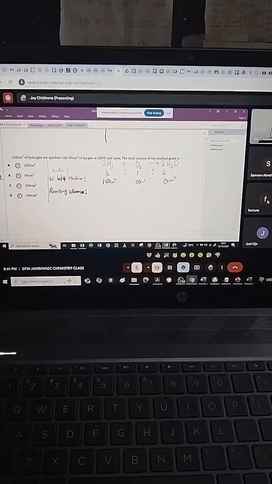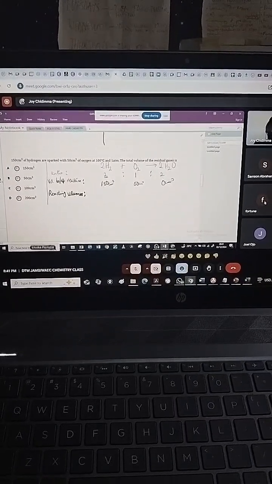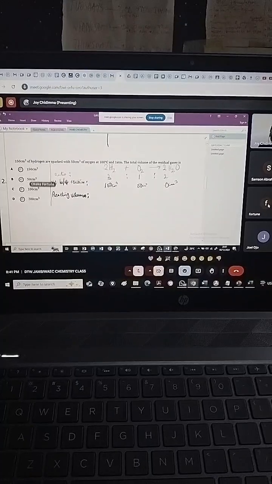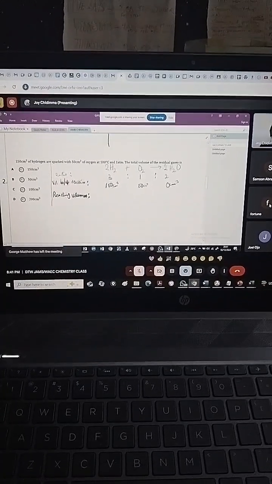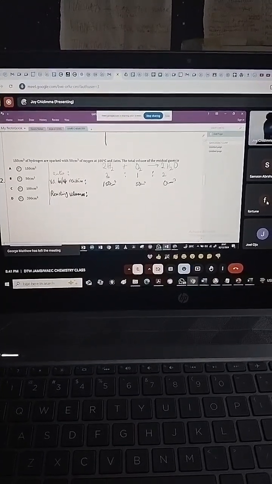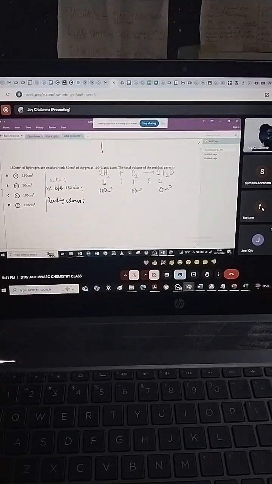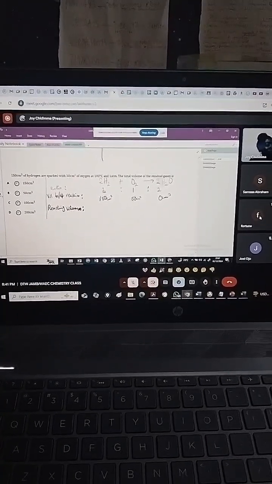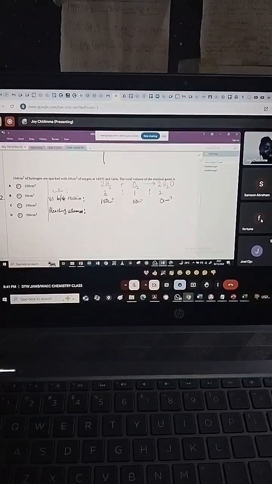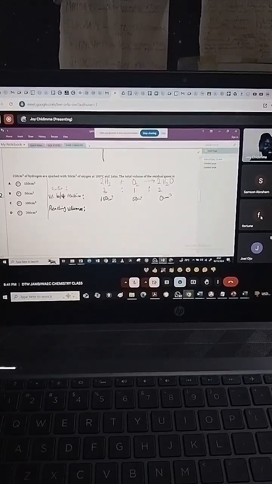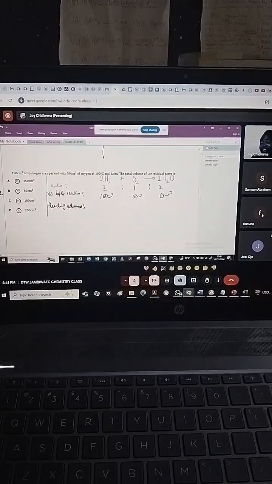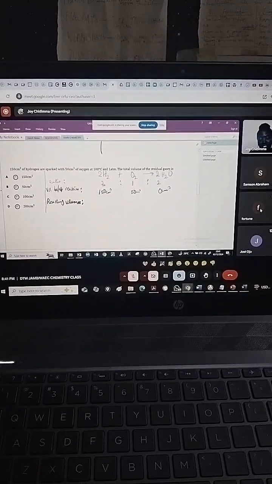Okay? So if you look at this, that means if we have 150 cm³ of hydrogen, we will need 75 cm³ of oxygen, and we don't have that. So oxygen is the limiting reactant. So we start our calculation from oxygen. Hydrogen is the next step.